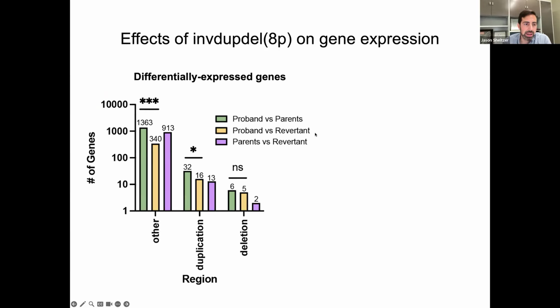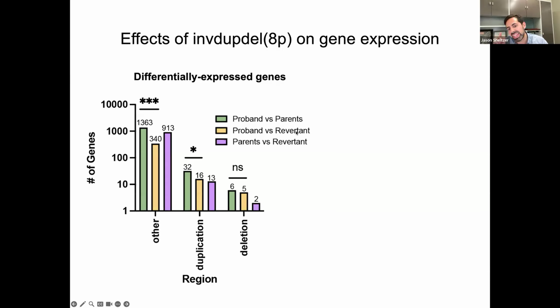So this is a bar graph showing the quantification of differentially affected genes, basically genes that were significantly overexpressed or significantly underexpressed in 3 comparisons. We have the proband, that is the cells with the inversion duplication deletion of 8p, compared to cells provided by the parents. We have the proband versus the revertant.